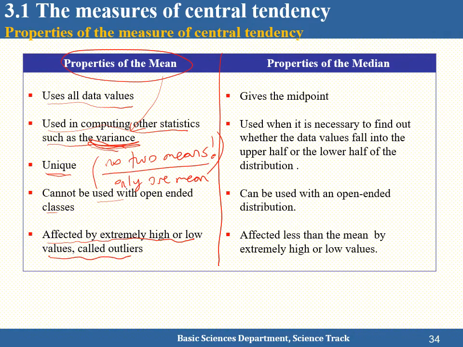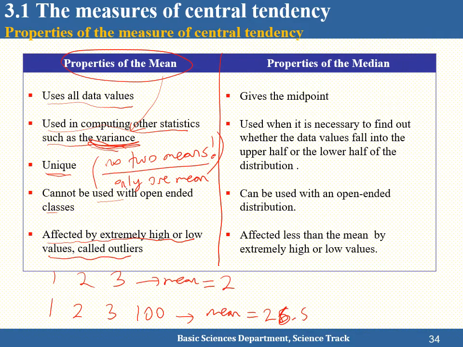This is also one other thing, because if you have 1, 2, 3, what's the mean here? The mean is 2, right? But when you put a very high value, then the mean becomes something like 26 point something, 26.5, something like this.